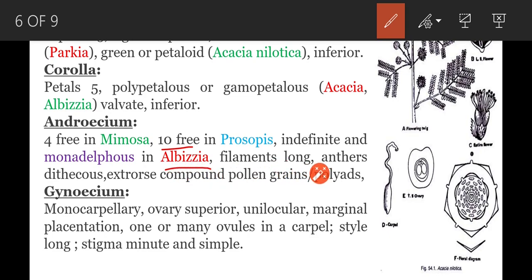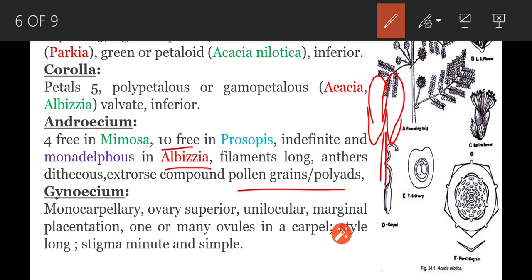Filaments are very long. Anthers dithecous. Dithecous means two lobes are present in the anther. Such anther is called dithecous anther. Extrorse, they are exposed outward. And compound pollen grains are seen.